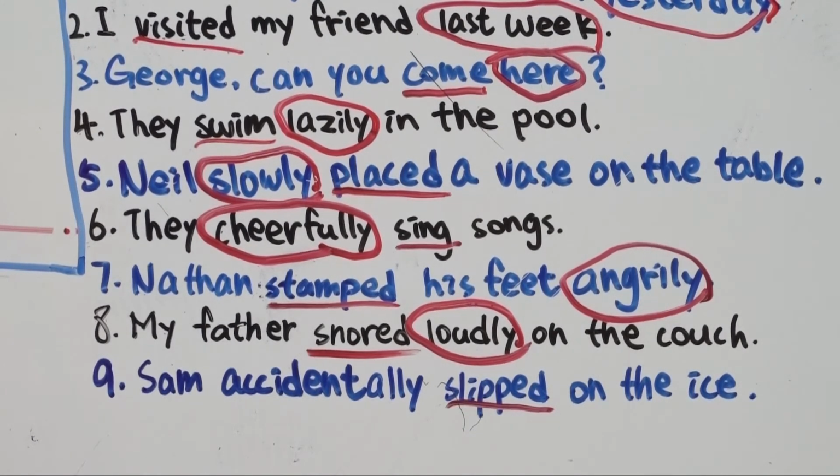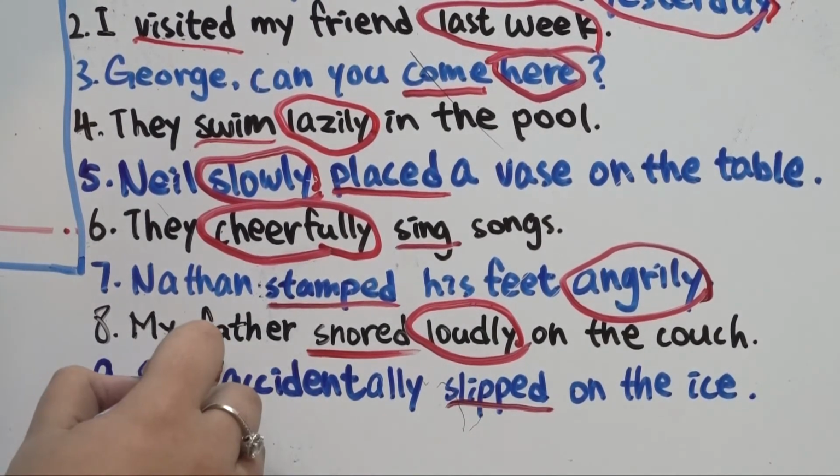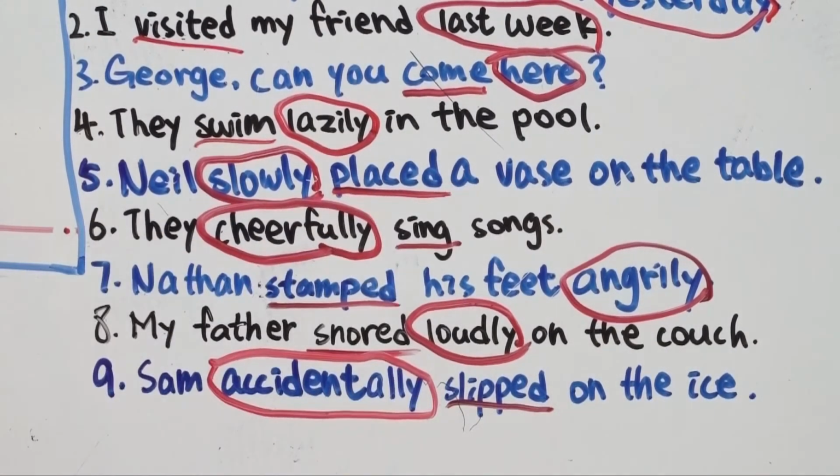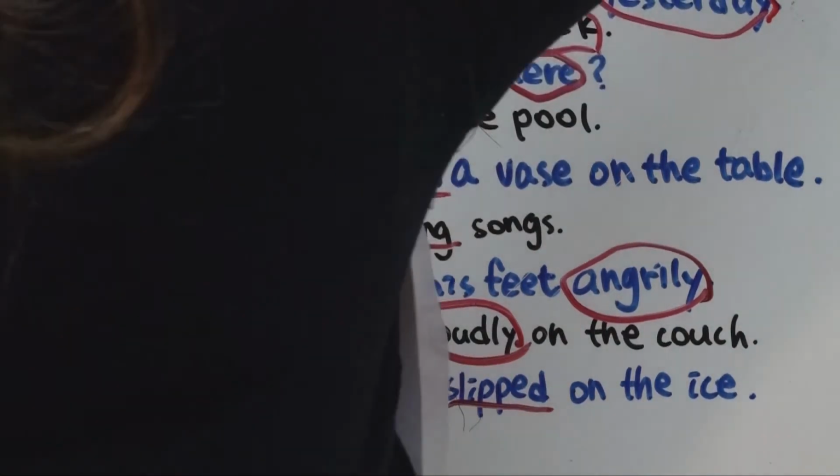Which adverb describes this action? Accidentally. Accidentally means all of a sudden. You didn't do it by yourself. It just happened. Okay? Accidentally. Circle this. Let's look at number 10.